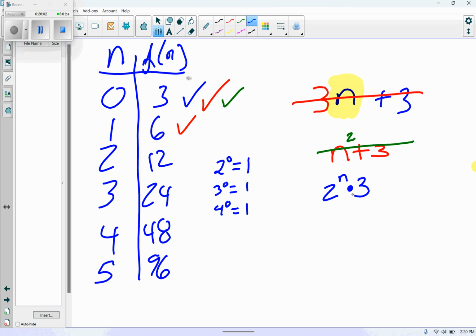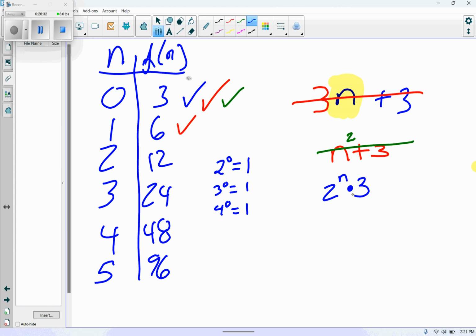There's no way it's going to work here. 2 to the third is 2 times 2 times 2, which is 8. 8 times 3 is what? 24. No way. Did it work here? Yes. Wow, we got it to work all the way down to here. I bet you it's not going to work here. 2 to the fourth is 16.